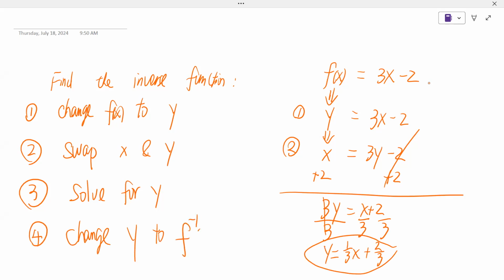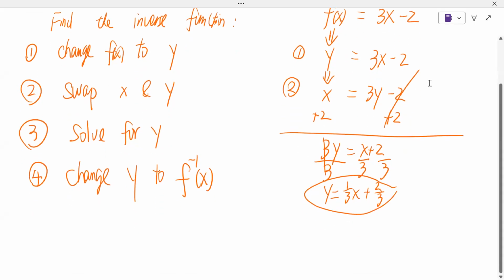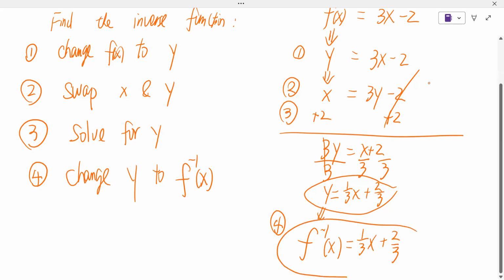This is inverse notation, f inverse of x. So the last is the fourth step. Y becomes inverse notation, 1/3 of x plus 2/3. Okay. So that's basically how we find inverse function, right?